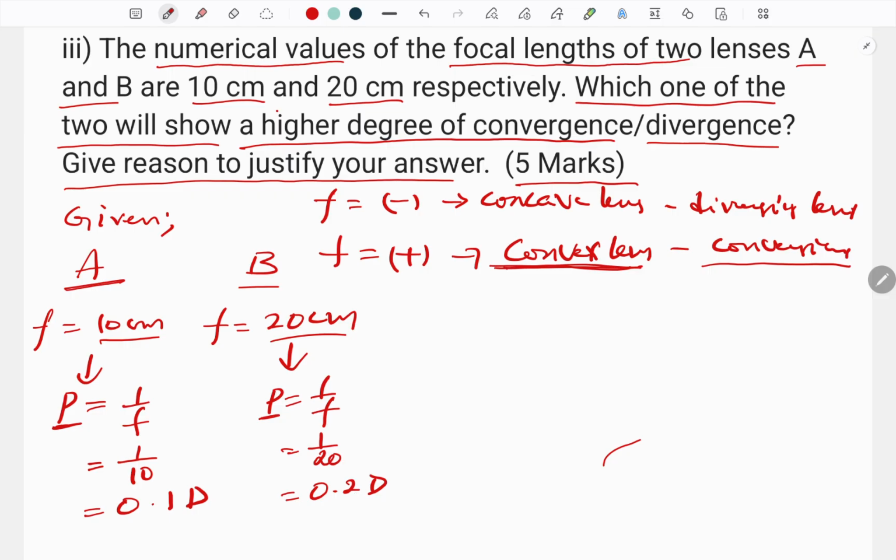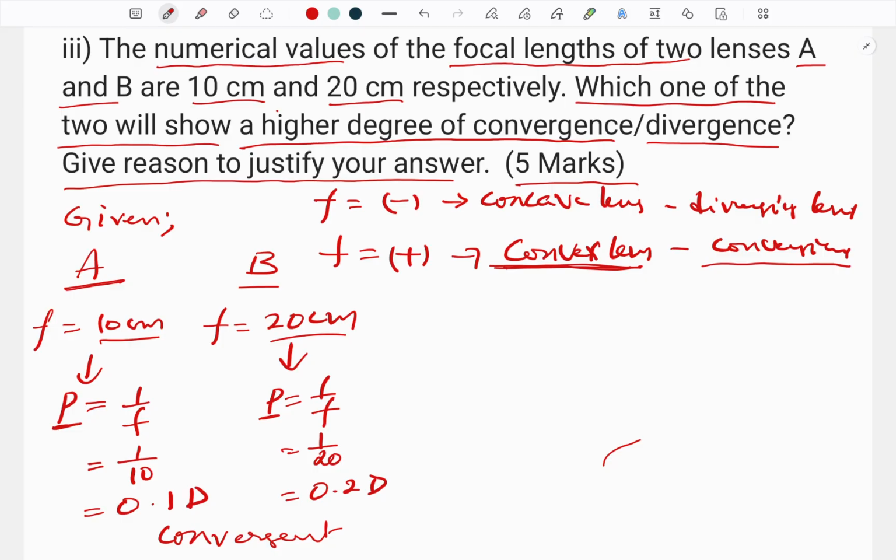So the lens whose focal length is less will be more convergent. Whose power is less, that will converge more.